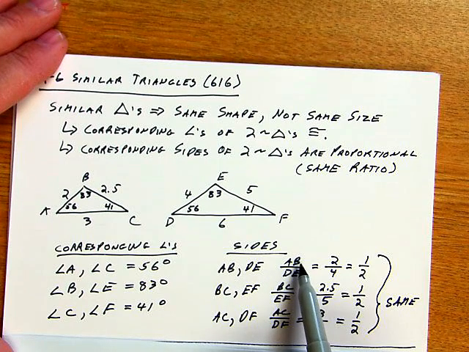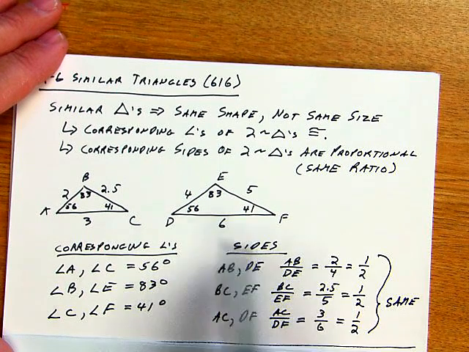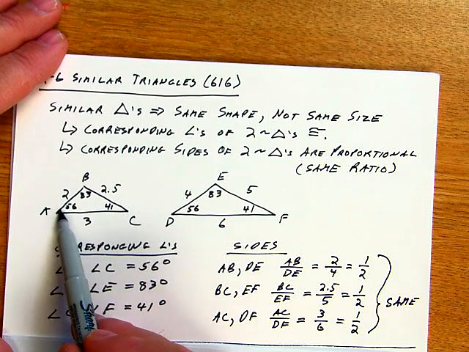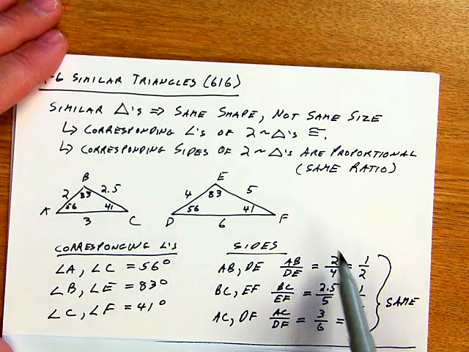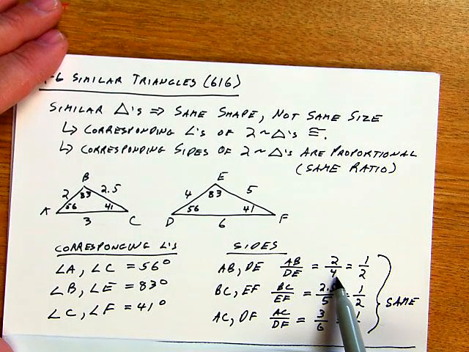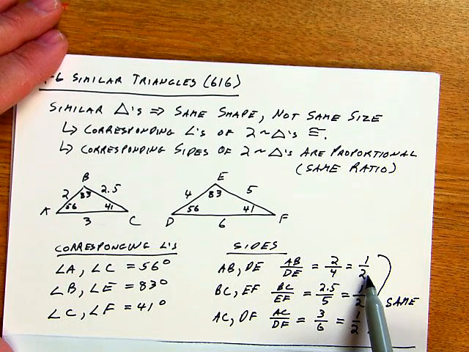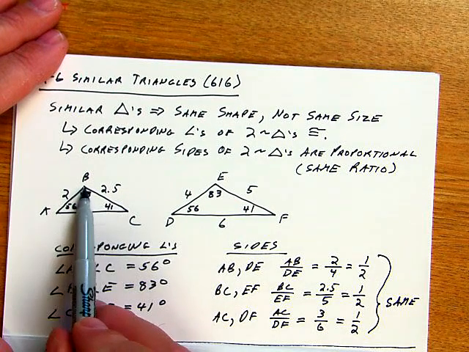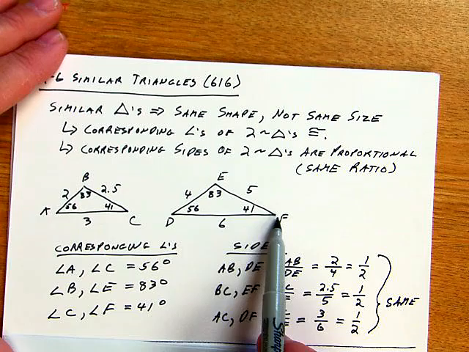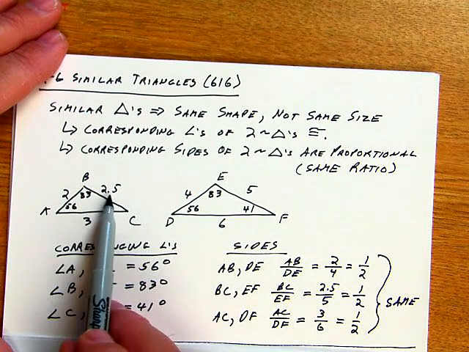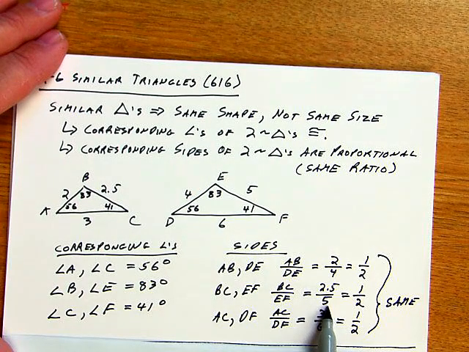So if I set up a ratio, putting AB on the top and DE on the bottom, I get 2, the length of AB, over 4, the length of DE. And that reduces down to 1/2. If I then look at the next side, BC and EF, I get 2.5 over 5. 2.5 over 5 reduces down to 1/2.